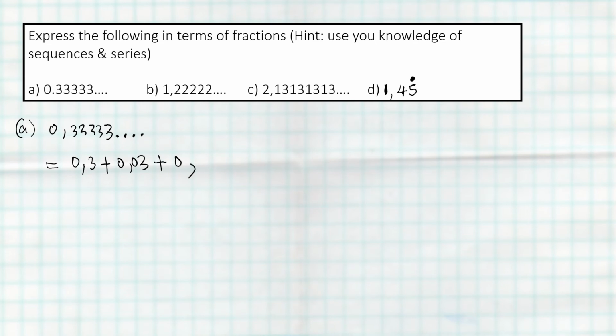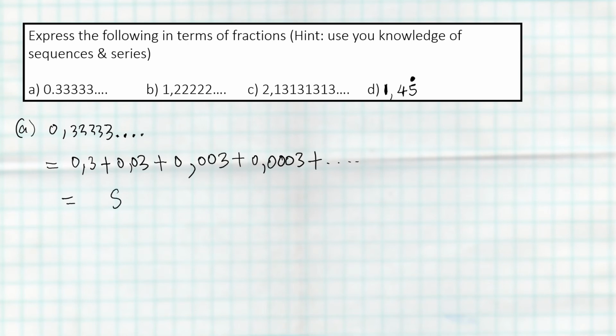Then as we move, you make it 0.003, so that it can make sense. We go further, it's going to be 0.0003, like that. And we know it's going to infinity, so that it can be 0.3333, like that. Okay, so now we can see we have a geometric series. We can calculate its sum.